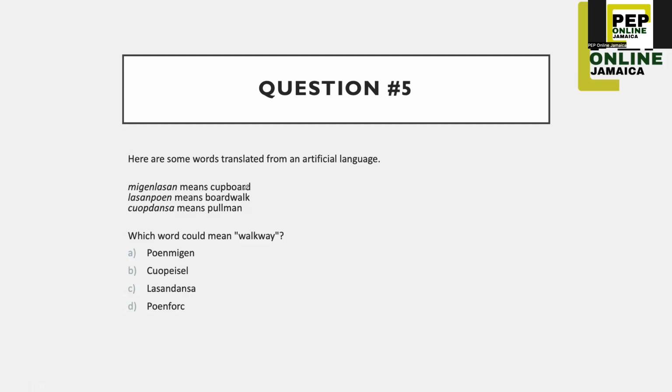Cup, board, boardwalk, pullman. All right. Let's see what is common. Board is common here. Nothing else is common. So we're gonna see what board is represented by. And right away, I realize that this is what is representing board, because board is at the beginning here and it's at the end right here. So that's fine. So the order is okay for us.